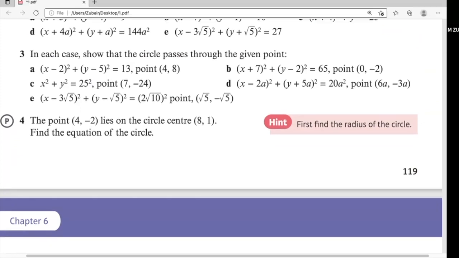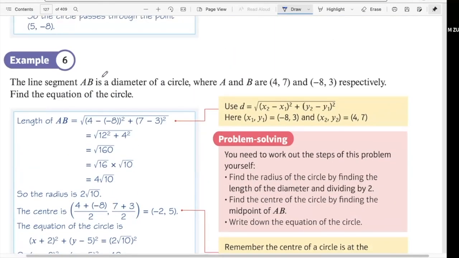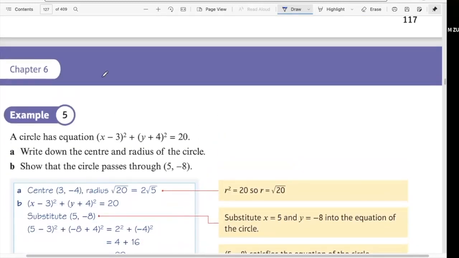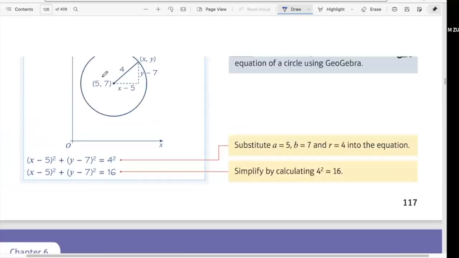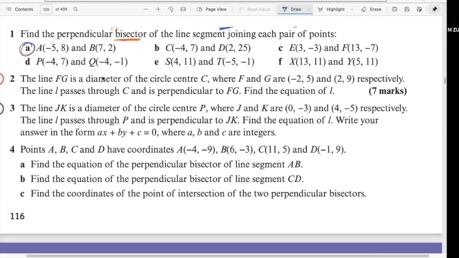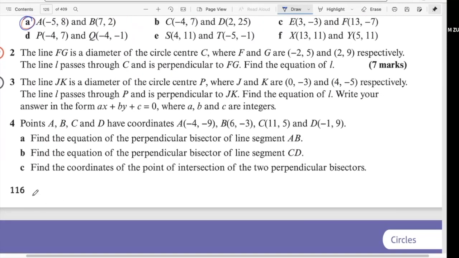From my side, this is your task: 2.2 only. For yourself, if you feel that you lack any concept from chapter 1 till chapter 6, page 116, you are more than welcome to revise and ask.